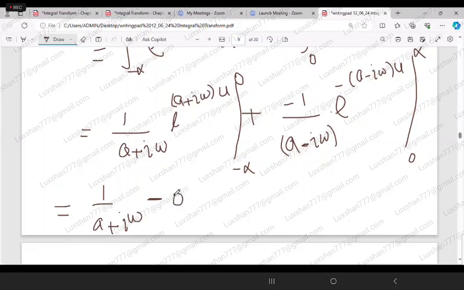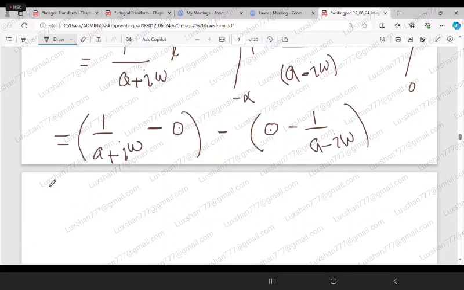Here there's a minus, and when I put infinity it becomes 0, and when I put 0 it becomes minus 1 over a minus i omega.